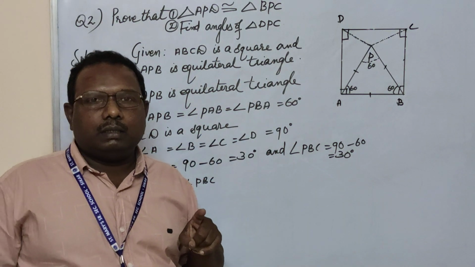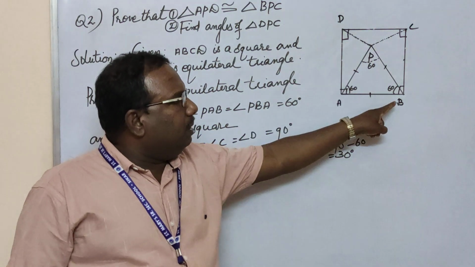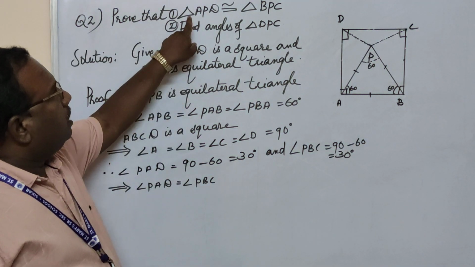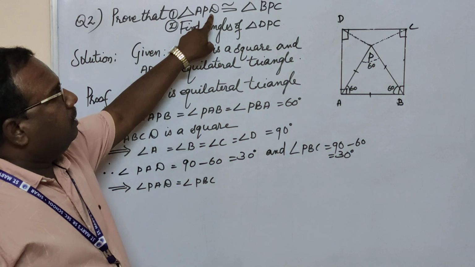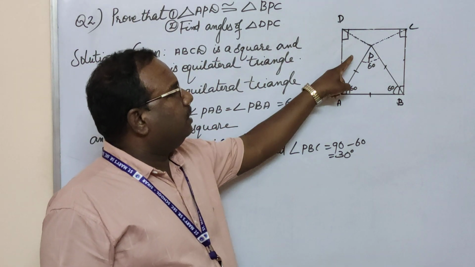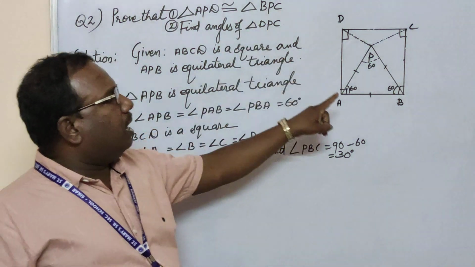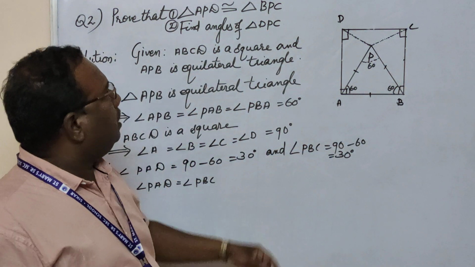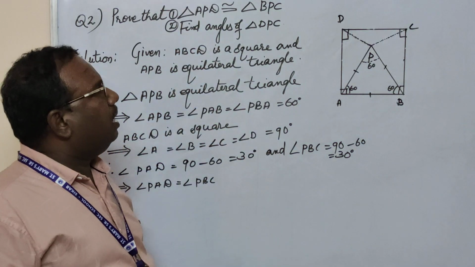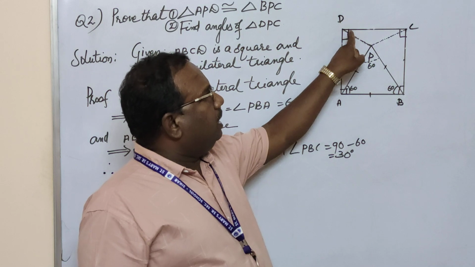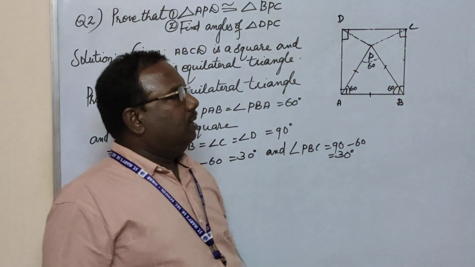Prove that triangle APD, where is triangle APD? Here, this side, is congruent to triangle BPC, here. And find the angles of triangle DPC. This is triangle DPC.